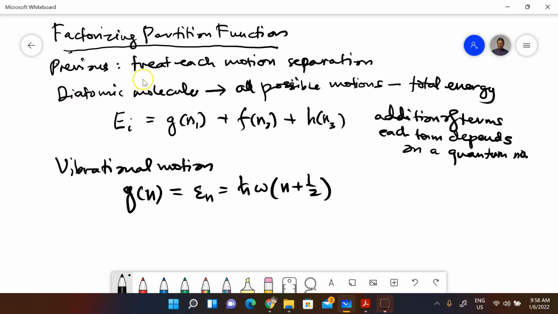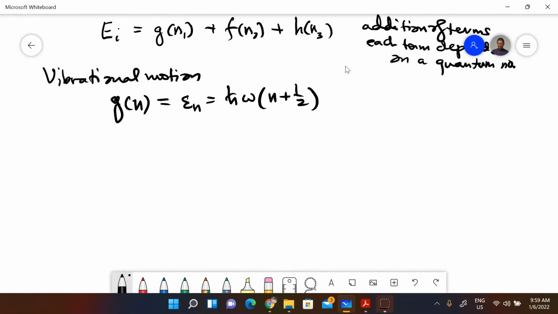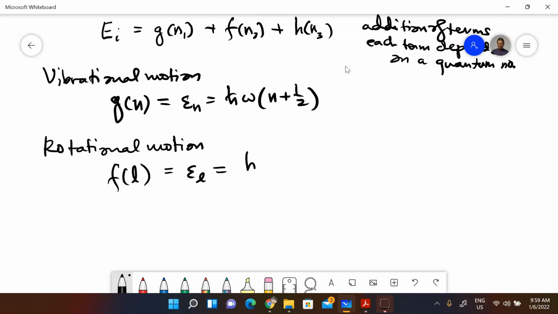The next thing we did before vibration is rotational motion, which is given by another function that depends on the angular quantum number, h bar squared L(L plus 1) divided by 2I.